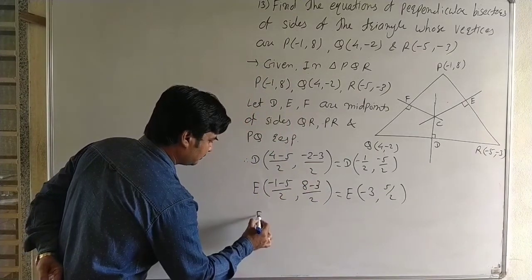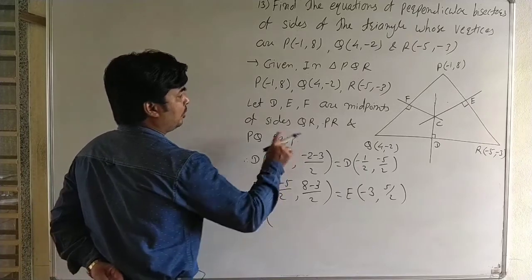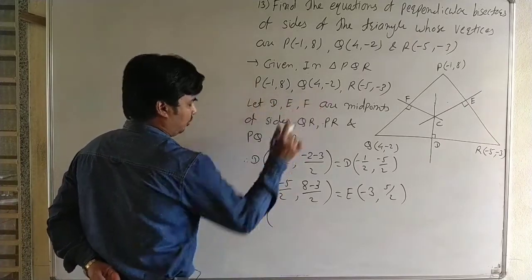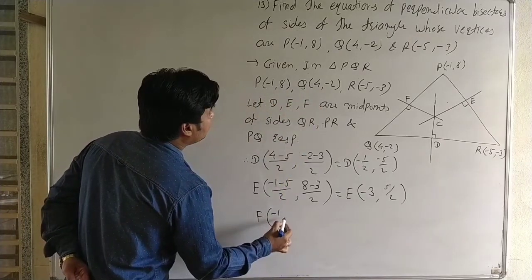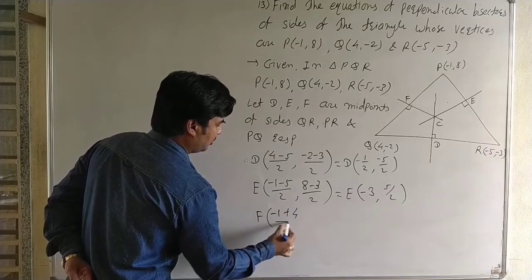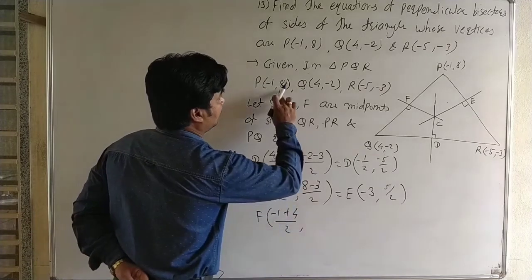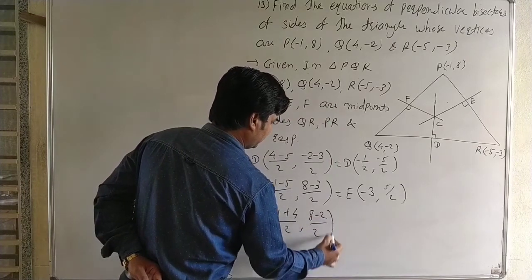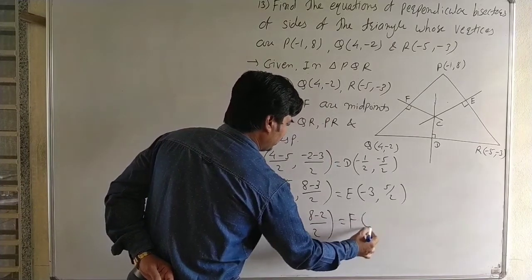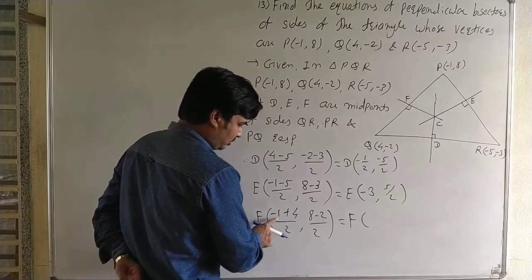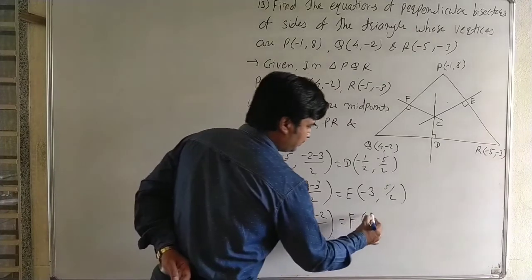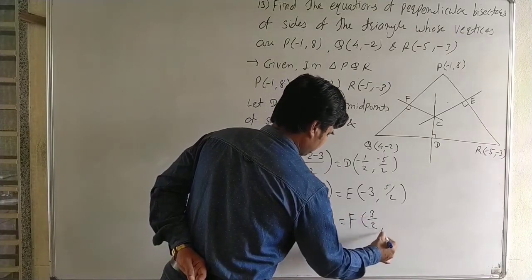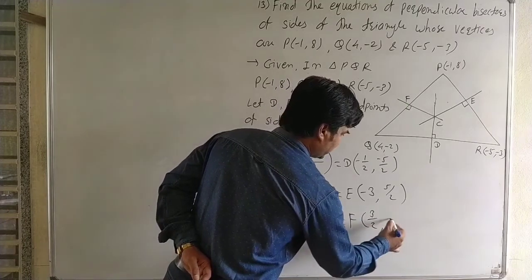And F is a midpoint of PQ: (-1 + 4)/2 and (8 - 2)/2. Therefore, coordinates of point F are (3/2, 3).